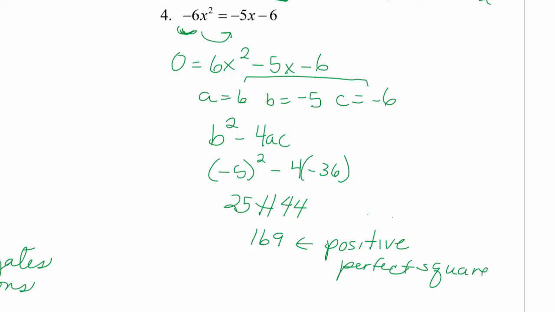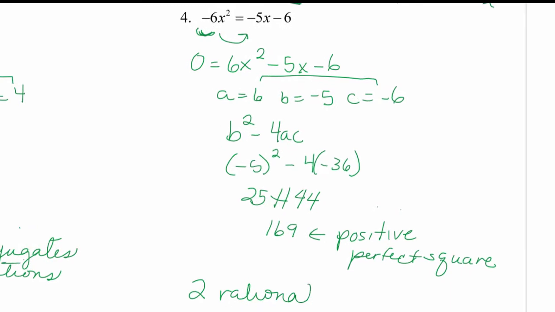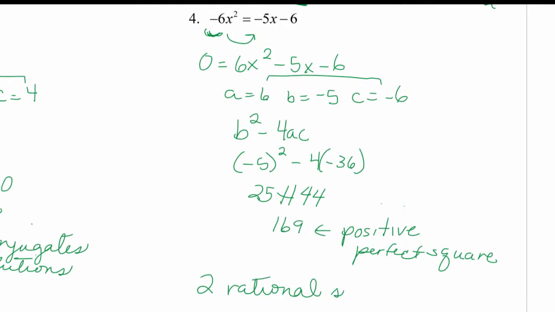So that means that when we take the square root of 169, we're going to get a pretty number. We're going to get 13, which means your quadratic equation has two rational solutions, because the square root of 169 is 13, which is rational. Okay.